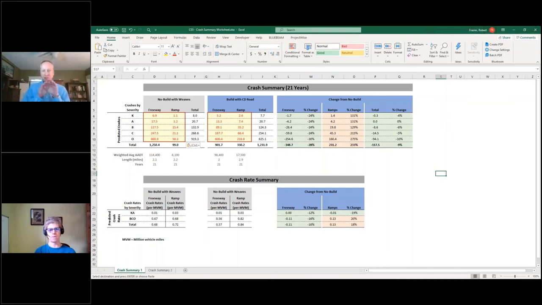Other than to say, you might notice at the top a strange number in row 2, crash summary, 21 years. That's because we picked the operational analysis years, which I think of as fences: you've got the posts, and then between the posts, and we've got 21 posts. We got 21 years because, in this case, I set up the spreadsheet 2025 to 2045. And if you count, if it's inclusive, you end up with 21 years.